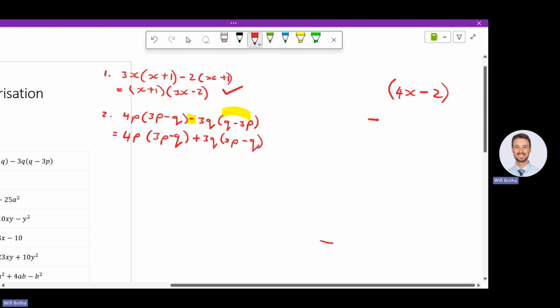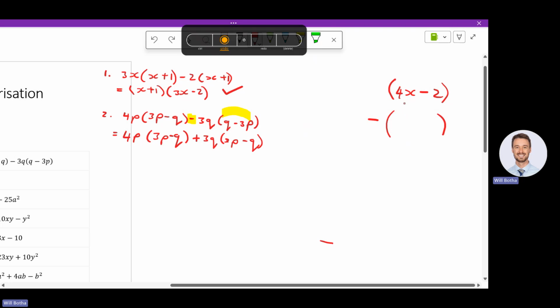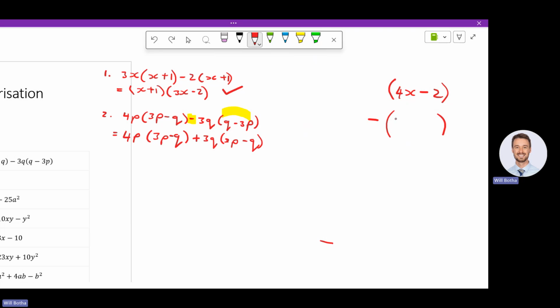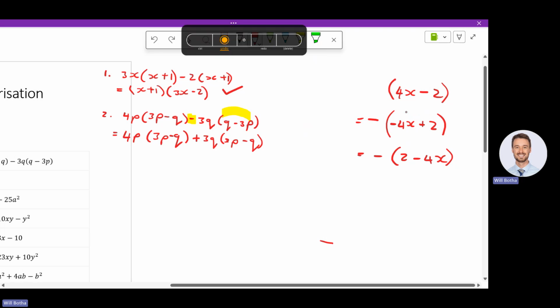When I change the sign before the bracket, what happens with that negative? It goes inside the bracket. So when I change the sign before the bracket, all the signs inside the bracket change. So this is actually then negative 4x and positive 2. And because the signs inside the bracket change, I can write that as positive 2 minus 4x. Because actually the order didn't change, the sign just changed. And now I can write it the other way around. That's what actually happens with the sign change. When I change the sign before the bracket, all the signs inside the bracket change.